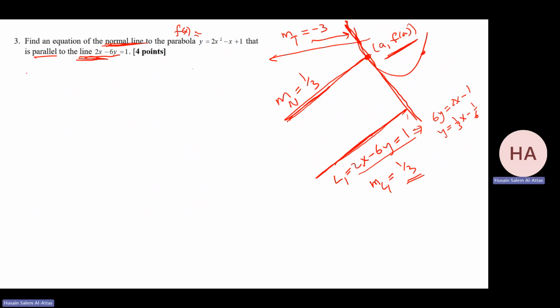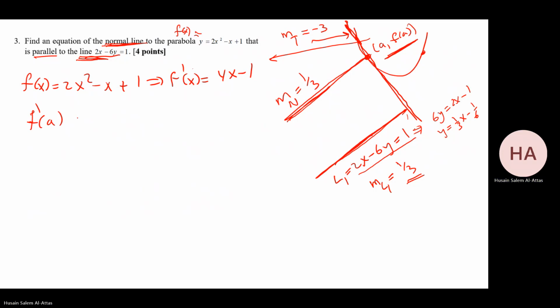I know f of x is 2x squared minus x plus 1. That means f prime of x is 4x minus 1. I know f prime at A equal M tangent, which is -3. I wish it's clear. Well, now do the calculations.